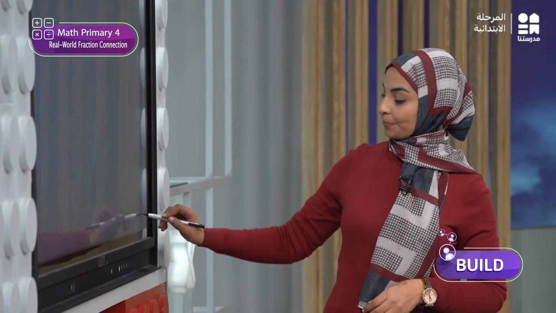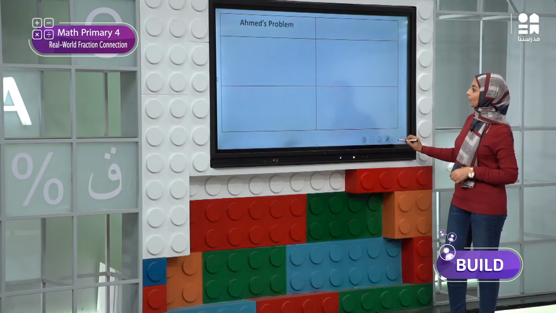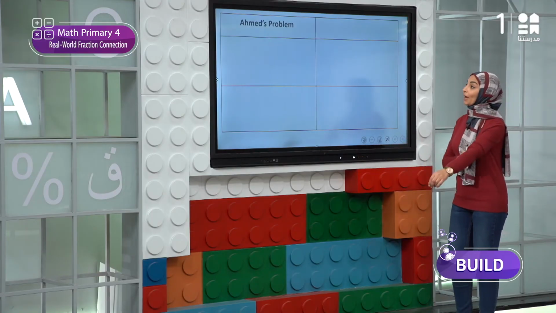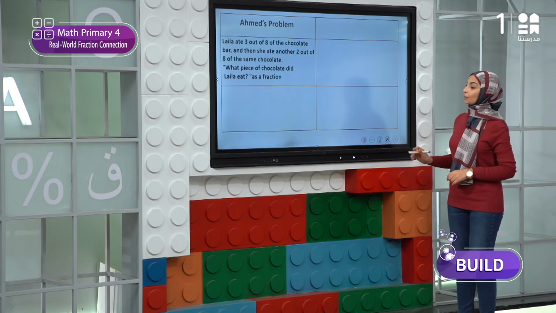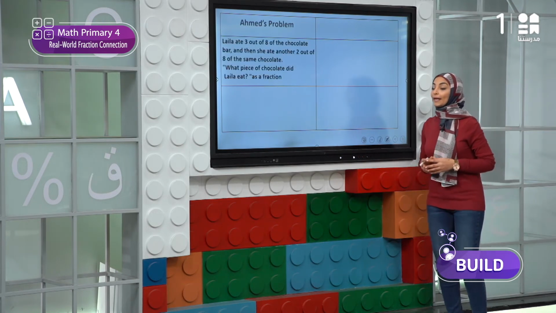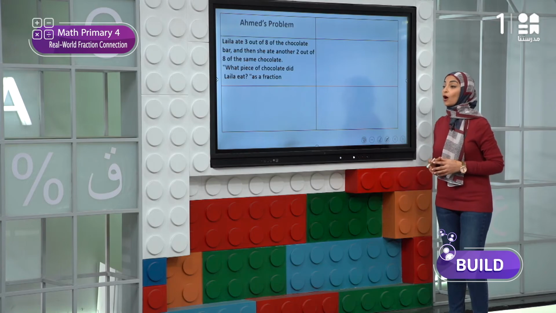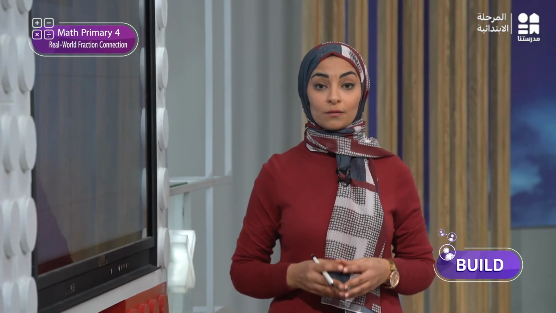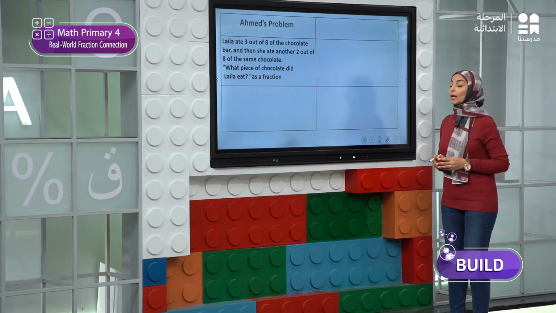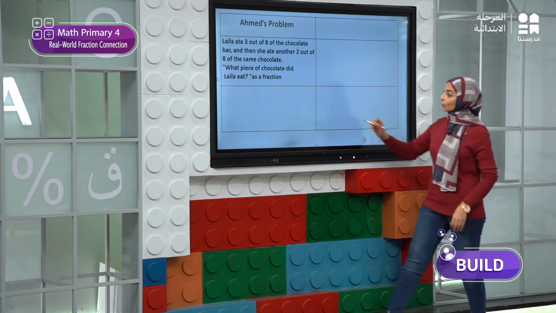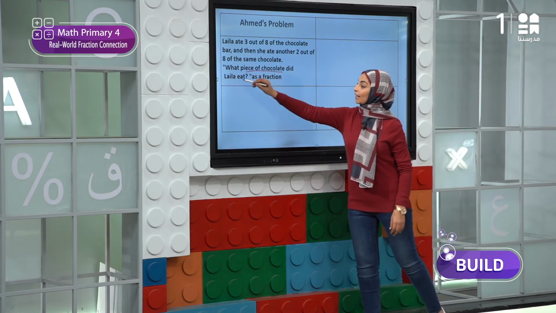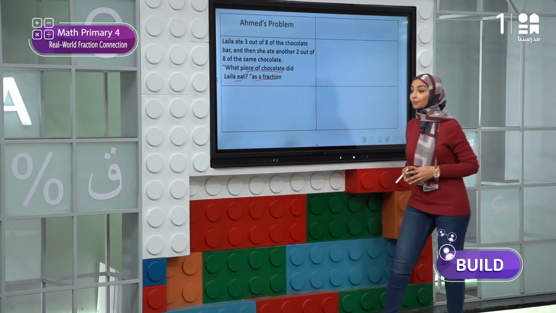Here, as you see, here is أحمد's problem. طيب أحمد problem كانت بتقولي إيه؟ بتقولي إن ليلى ate 3/8 of the chocolate bar. Then she ate وكمان أكلت 2/8 from the same bar. الكويستشن بقى بيقولي إيه؟ What piece of chocolate did ليلى eat as a fraction?